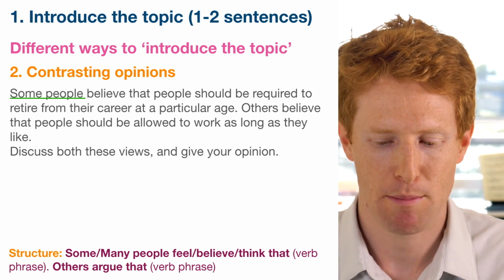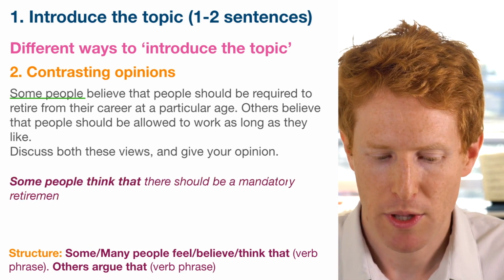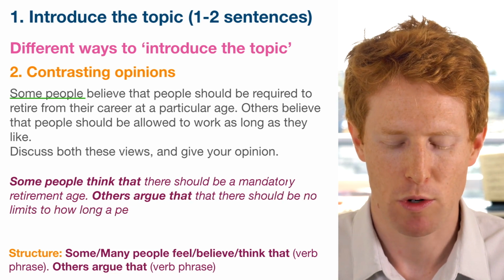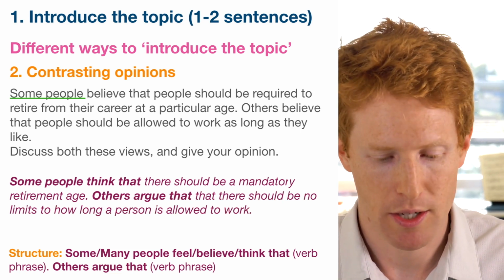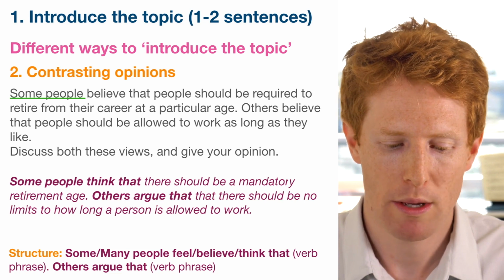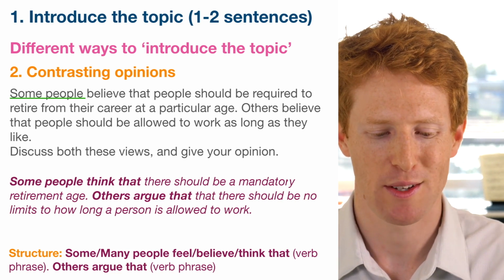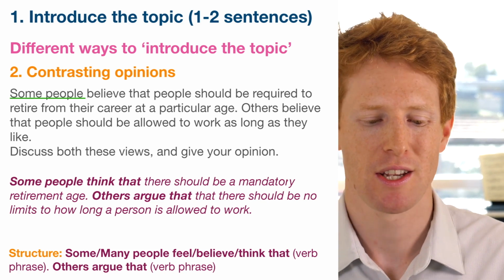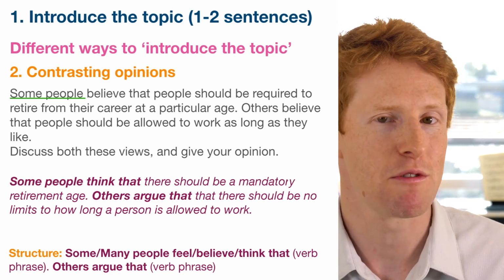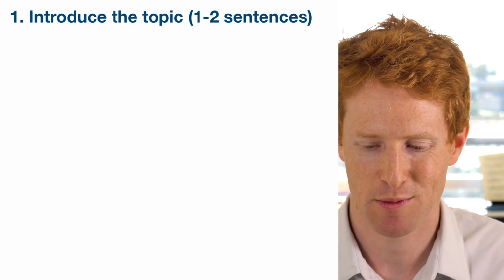Let's use our template. Some people think that there should be a mandatory retirement age. Others argue that there should be no limits to how long a person is allowed to work. Okay, so a contrasting opinion way to introduce the topic is very useful for IELTS essays.